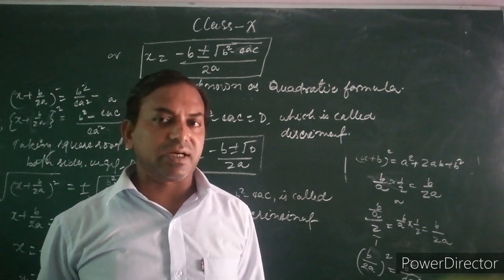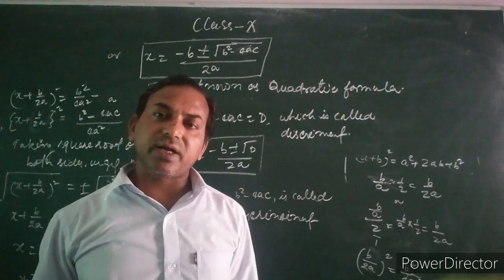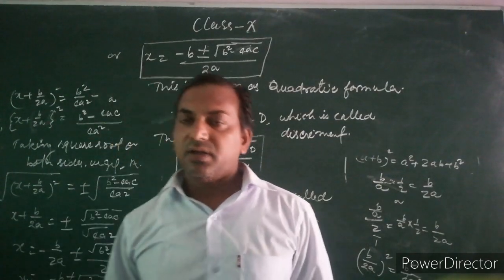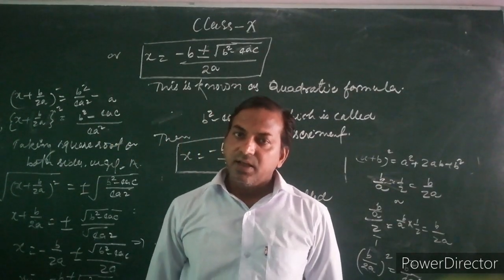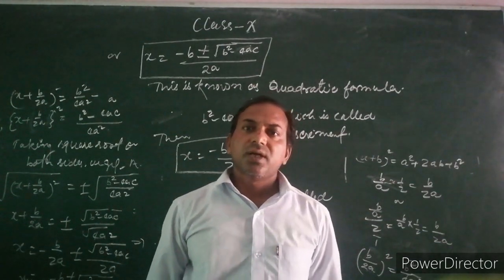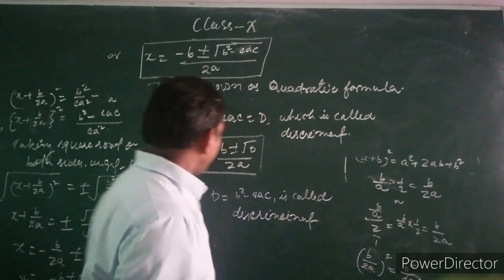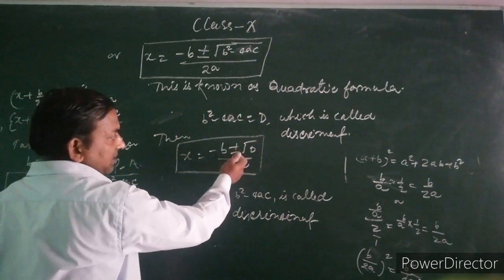This is a very easy method. Using this formula, you can factorize all quadratic equations. Clear? And you also know that there are at most two roots or solutions of a quadratic equation. Here we put both signs, plus and minus.